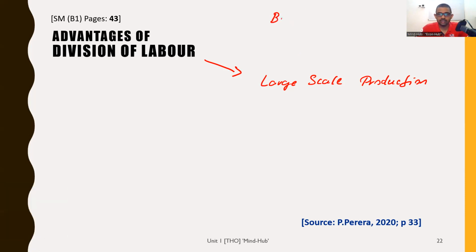In a barter system, it's a direct exchange system, where you can exchange a good for a good, or a service for a service. For example, if you're a fisherman, you can give some fish and exchange the fish for rice, a good for a good.